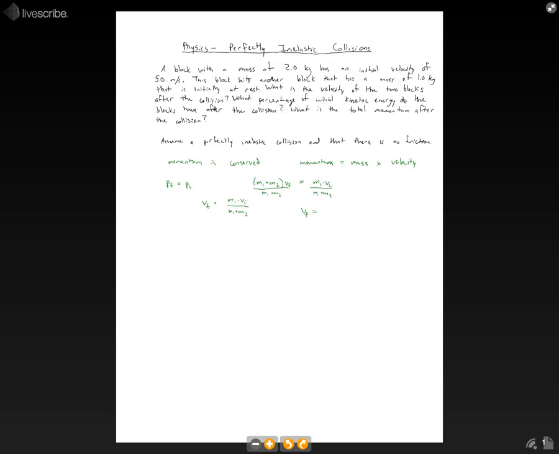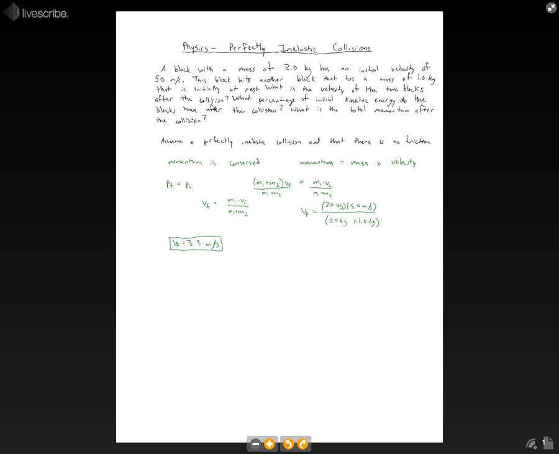Now if we plug in numbers, we'll have 2.0 kilograms as mass 1, and that initial velocity of the first block was 5 meters per second, and that's over the two masses added together, which is 2 kilograms and 1 kilogram. So you should get a final velocity of about 3.3 meters per second.